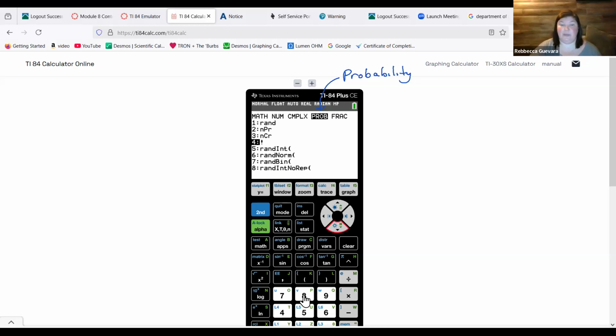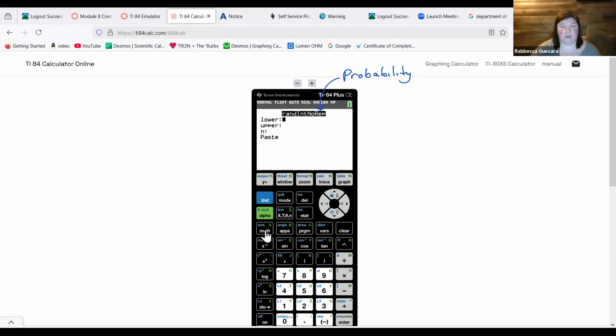So if you want to do something like 8 factorial, I hit the wrong one. Let me go back and do that again. Well, let's say 9 factorial. So I hit that 9, I go to math, I go down to that, I hit enter. It gives me 9 factorial, and so it can calculate it for me.